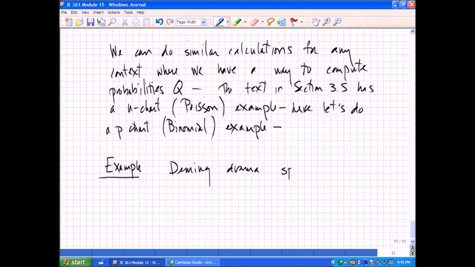So dimming drama, the specifications were supposedly a lower spec of 3 and an upper spec of 7, and the interpretation that we made in class was that a 3 was okay, a 7 was okay, but a 2 or an 8 were not okay.